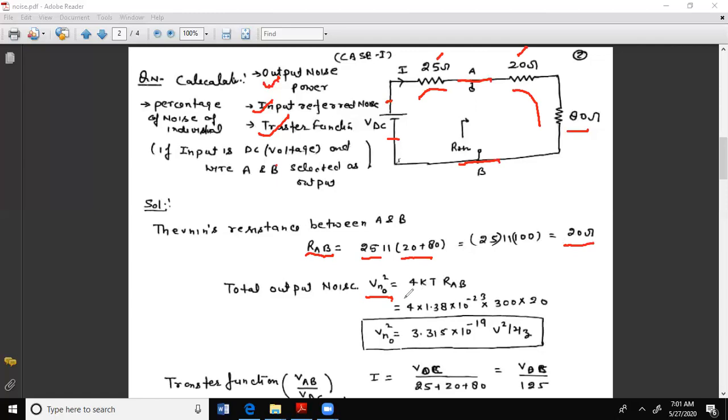So Vn0 square is also equal to the power spectral density, because we do not focus on the delta f till now.